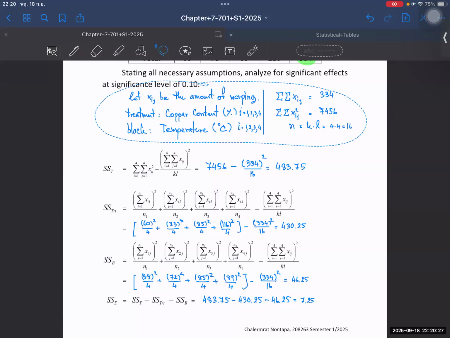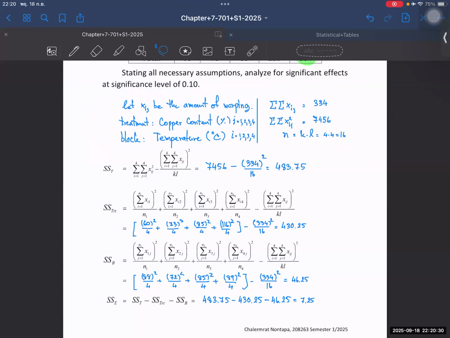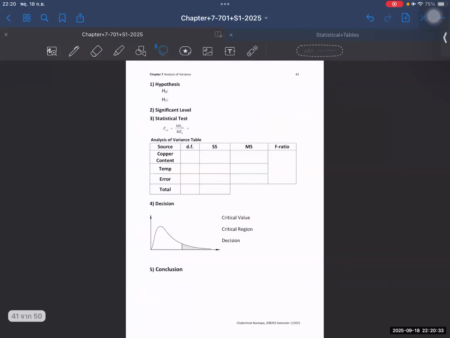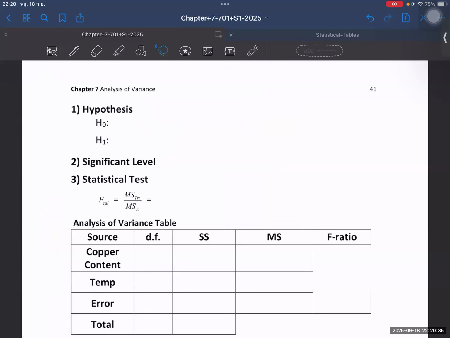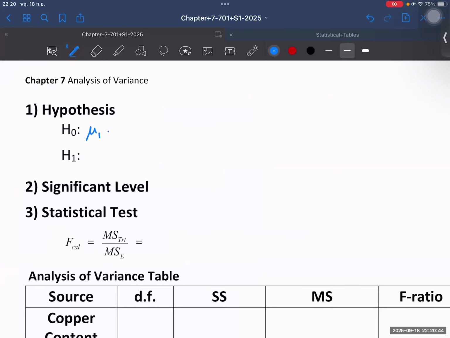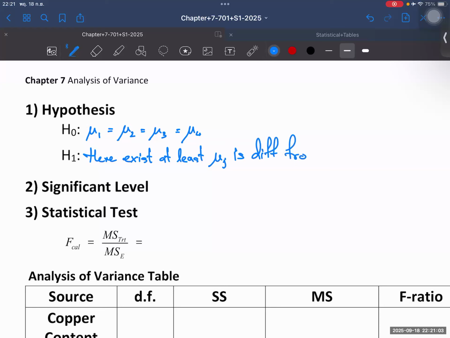go to the part of hypothesis testing. So we have the formula, right? mu1 is equal to mu2 is equal to mu3 is equal to mu4, and there exists at least one mu j that differs from another value.